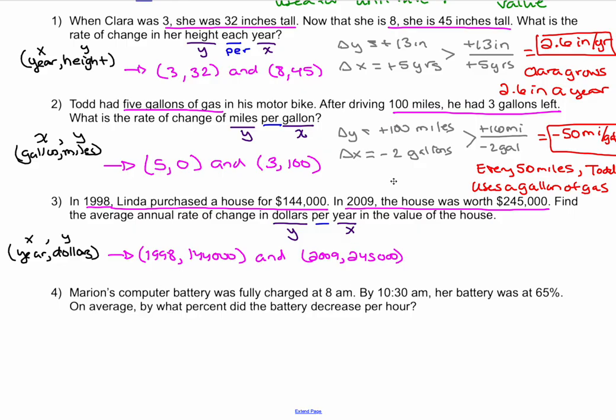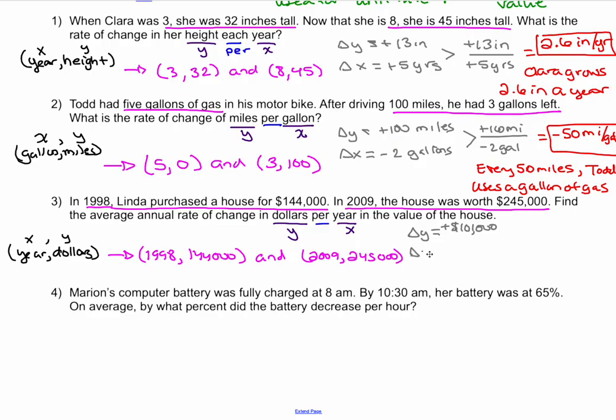We have our 2 coordinates, so we can do our change in Y over change in X. Change in Y will be from $144,000 to $245,000, which will be plus $101,000. I will not use the comma only because you can't put commas in the calculator to actually simplify them.